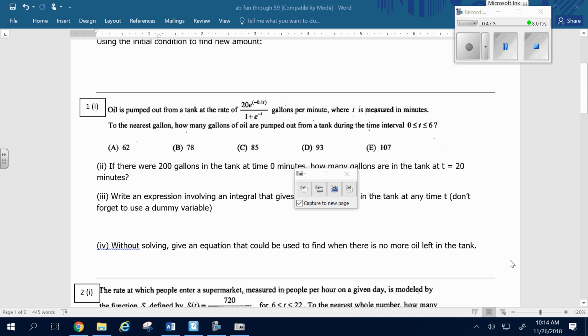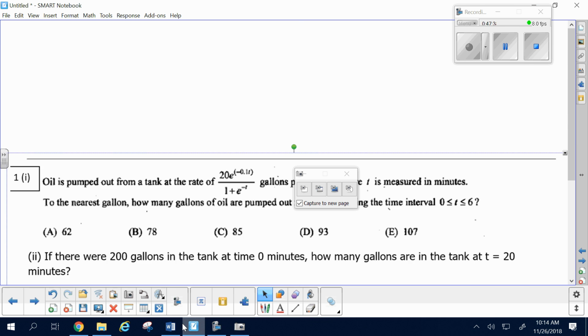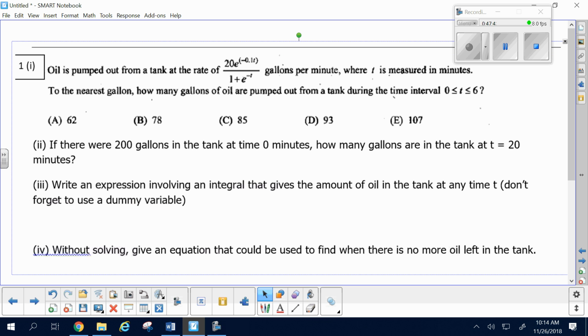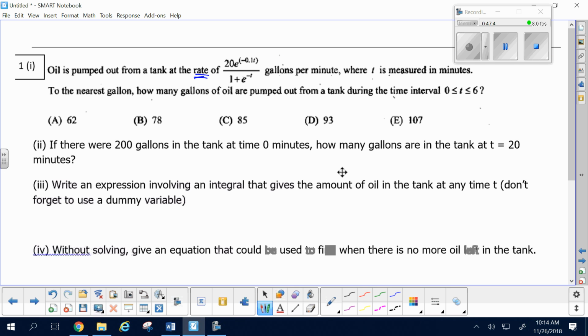You bet. Do you want to talk about number 1 together real quick, since I don't have any questions? Okay. So, oil's pumped out at a rate of blah, blah, blah gallons per minute, where T is measured in minutes. How many gallons are pumped out? So I want change based on a rate of change, yeah? Which means I use an integral. They don't say anything about a starting condition.